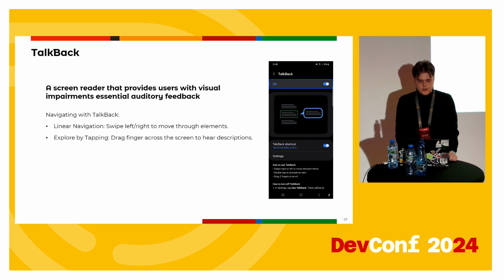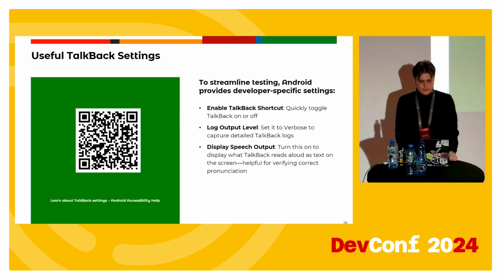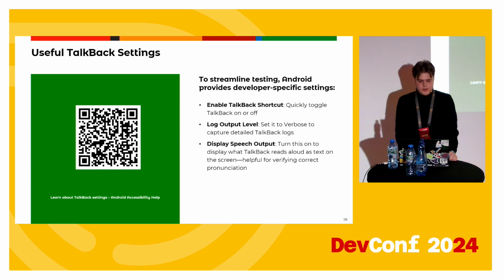And explore by touch: drag your finger over the screen to hear what's under your finger. Double tap anywhere to select the current element. To streamline testing, Android provides developer-specific settings for TalkBack, like TalkBack shortcut, log output level, and display speech output, which is the most useful one.